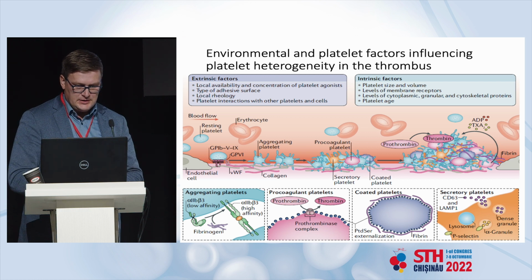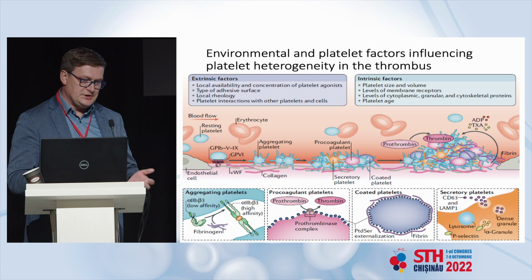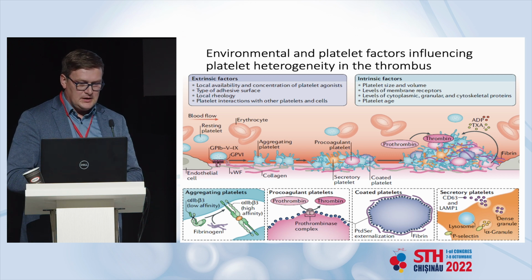So looking at the processes step by step, resting platelets have signals on their own, and they might connect to the subendothelium via two glycoproteins. Glycoprotein 1b is responsible for connection with von Willebrand factor.